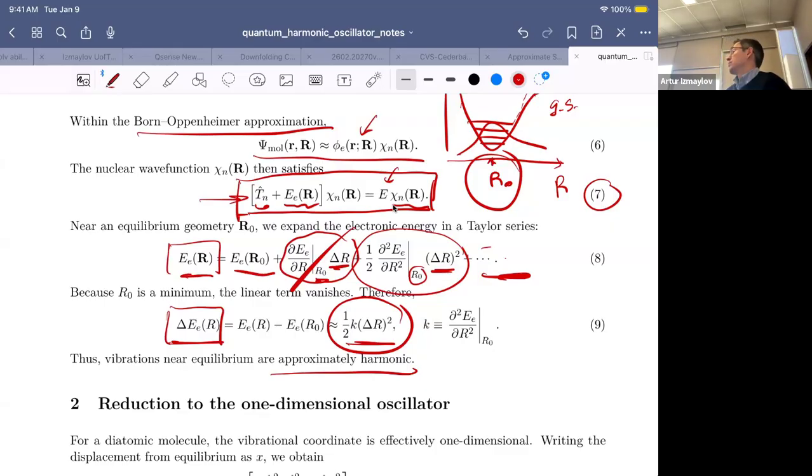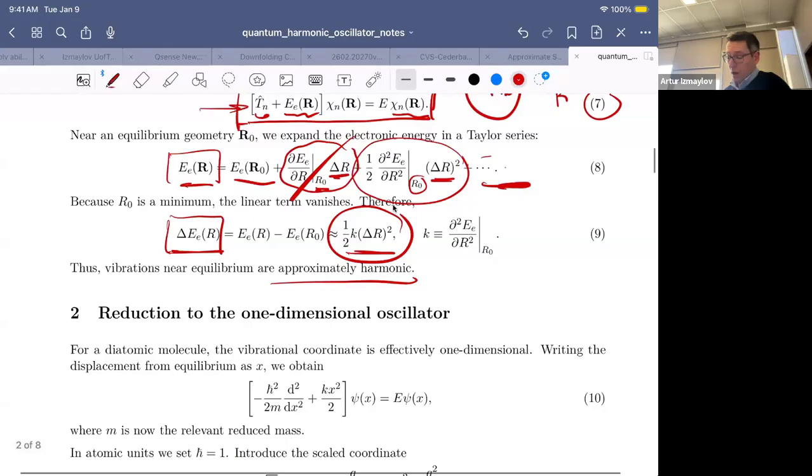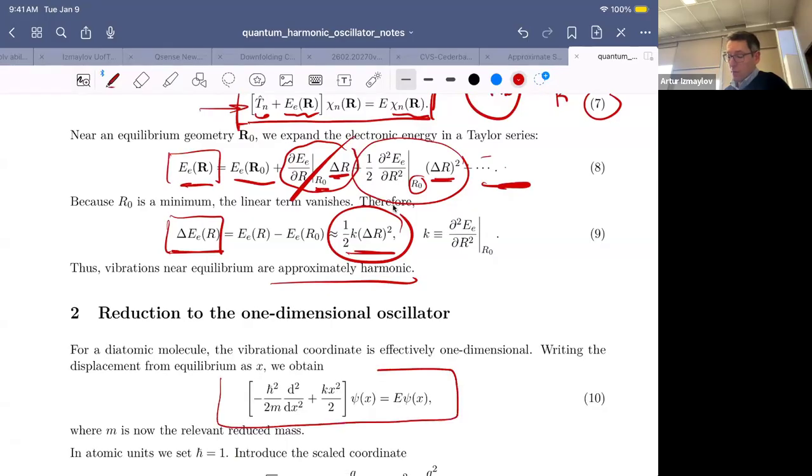Any questions about this derivation? Because this is how we end up with our next big model system after the particle in the box, right? So with the particle in the box problem, we had a second derivative and we had no potential.